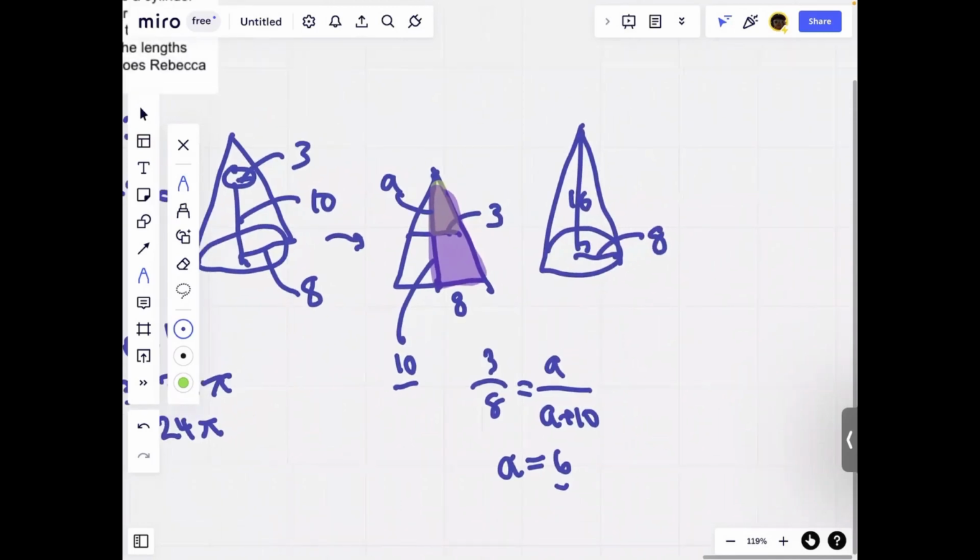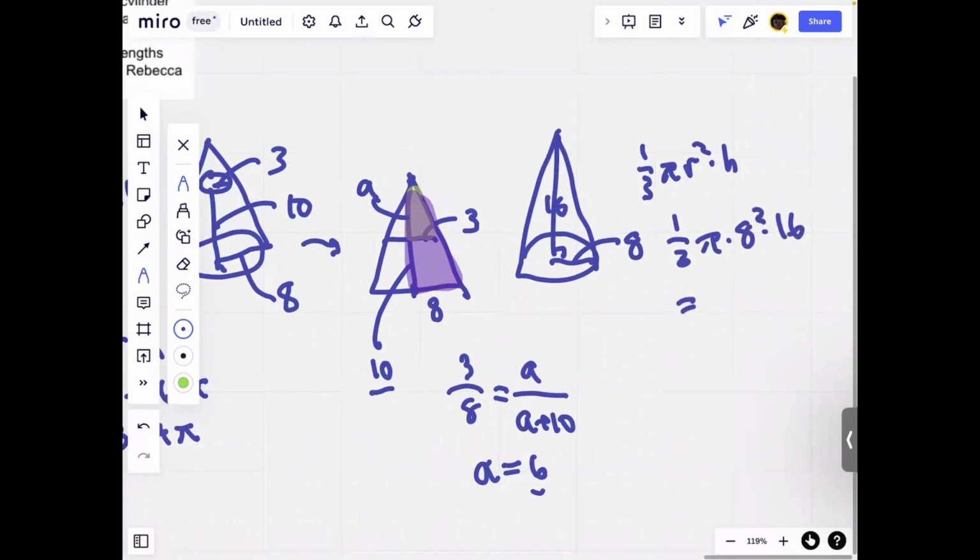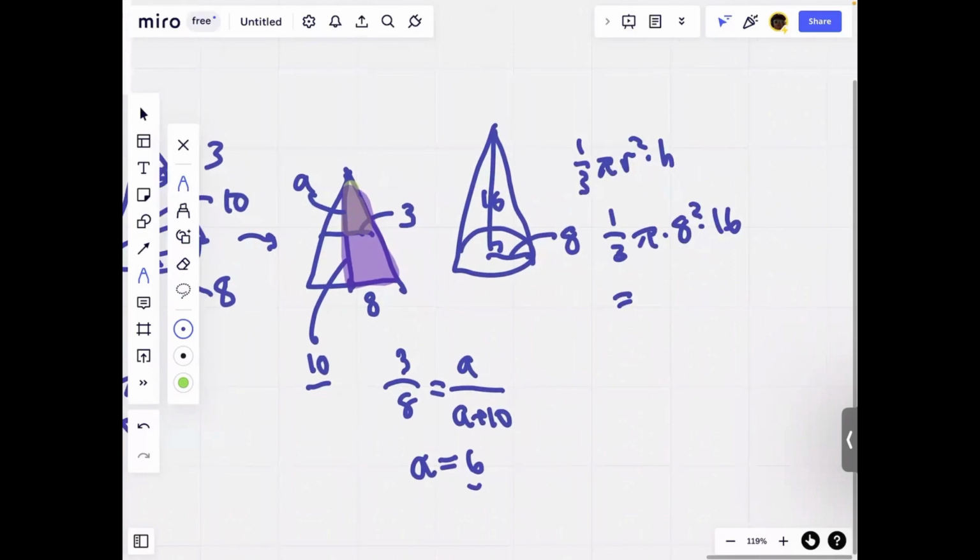The volume of a cone is 1/3 pi r squared h, so it's 1/3 pi times 8 squared times 16, which is equal to 1024 over 3 pi.